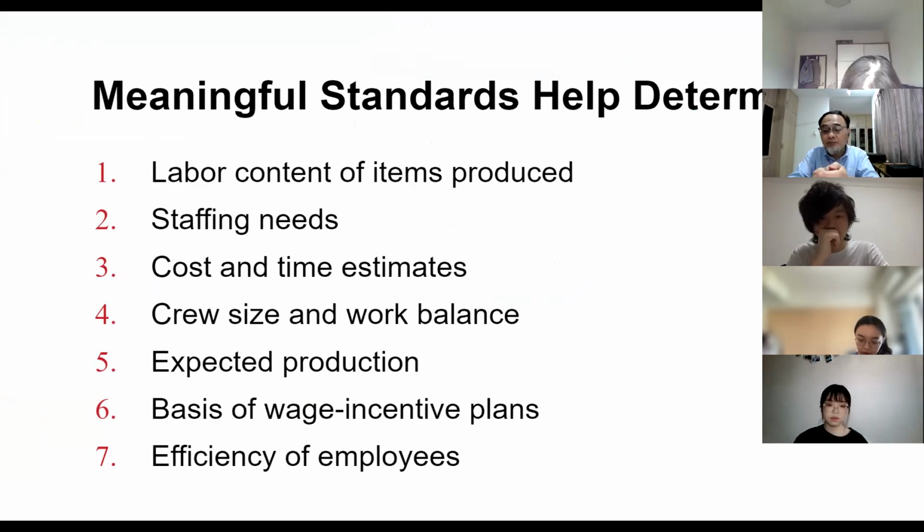Expected production: if you do not know the number of employees, you don't know how many can be produced. Number 6, what we said just now, is the basis of incentive plans.